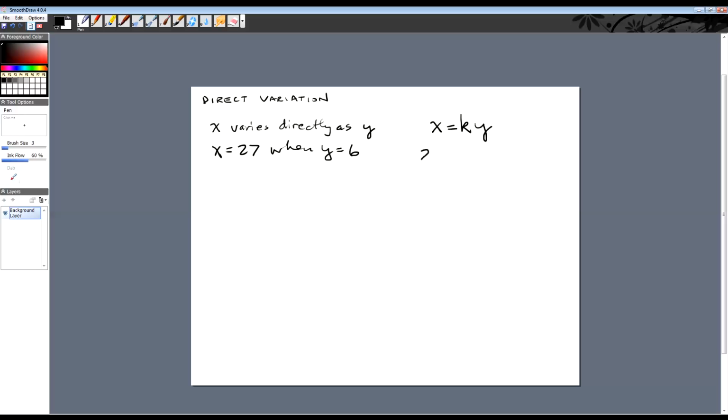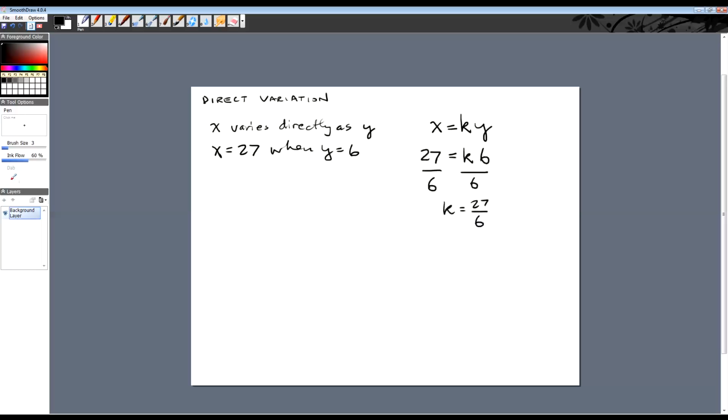So if x is 27, we plug that in here, 27 equals k times y, which is 6. We solve for k by dividing both sides by 6. Any number divided by itself is 1. 27 divided by 6 is k.